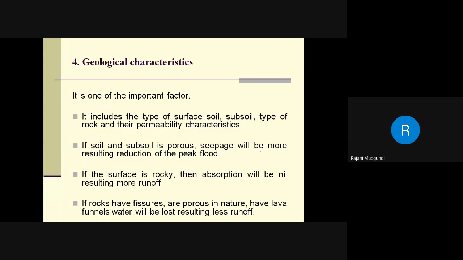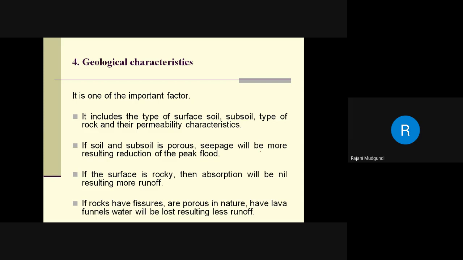If the soil and subsoil are porous, if cavities and pores are there, seepage will be more, resulting in a reduction in the peak flow. So the maximum flow will get reduced as the losses are more. If the surface is rocky, then absorption will be nil, and ultimately it will result in more runoff, right?